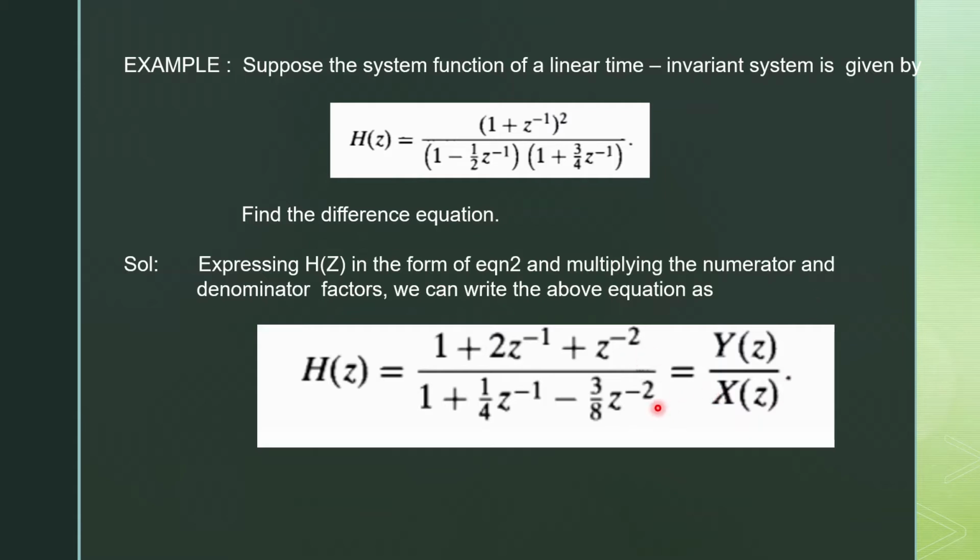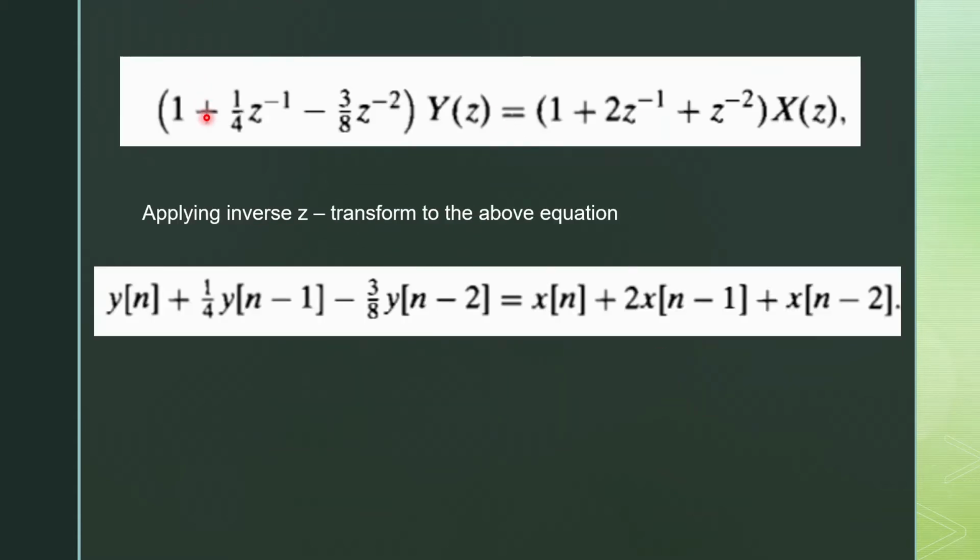So let's cross multiply this equation. On cross multiplying we get (1 plus 1 by 4 z inverse minus 3 by 8 z power minus 2) whole into Y(z), that is equal to (1 plus 2 z power minus 1 plus z power minus 2) into X(z). Applying the inverse z transform to the above equation, 1 becomes y of n, 1 by 4 z inverse becomes 1 by 4 y of n minus 1, 3 by 8 z power minus 2 becomes 3 by 8 y of n minus 2, that is equal to, in the same way, 1 becomes x of n, 2 z inverse becomes 2 x of n minus 1, plus z power minus 2 becomes x of n minus 2.